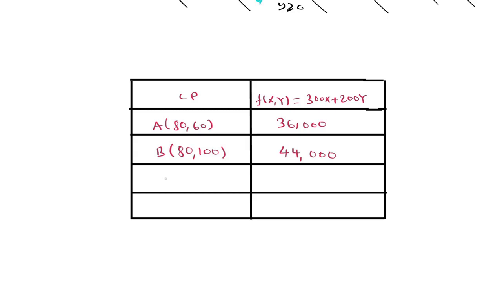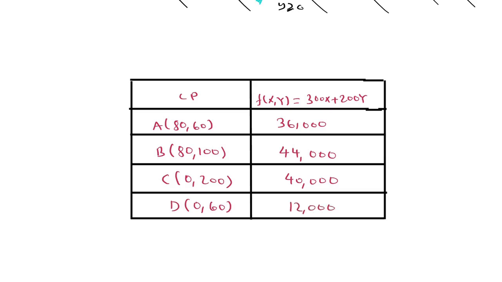Our next point is point C with (0, 200). Then the answer here is going to be 40,000. And our last corner point is point D with (0, 60), of which applying the values here, the answer is going to be 12,000.